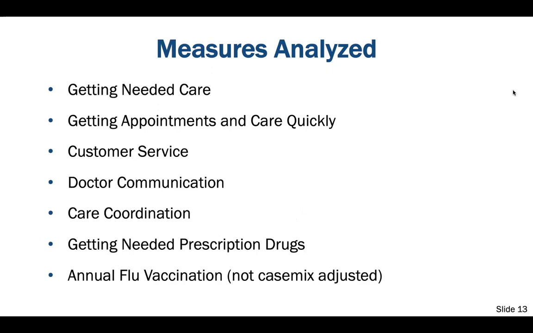Others, like the items about care coordination and prescription drugs, are sort of more recent adaptations to specific settings. And then the flu vaccination measure isn't really a CAHPS measure per se, but we sometimes include it in this context because it's often gathered on CAHPS surveys.